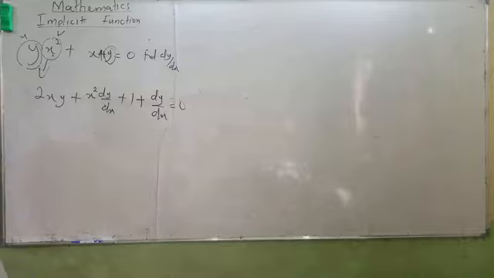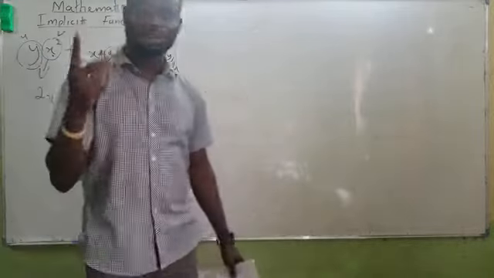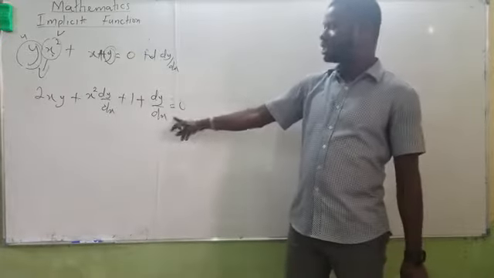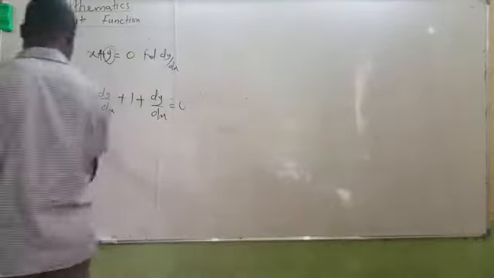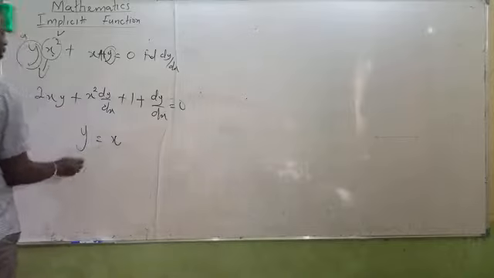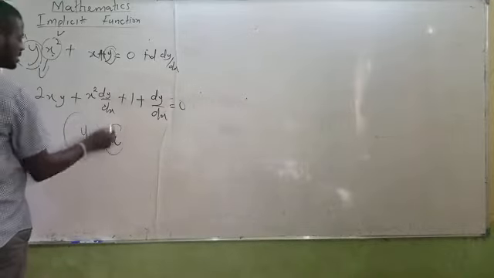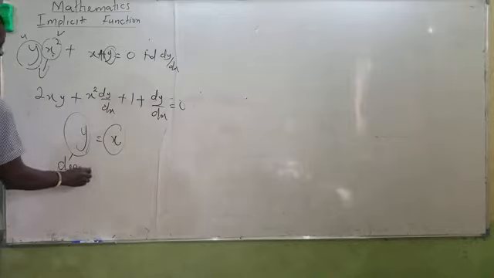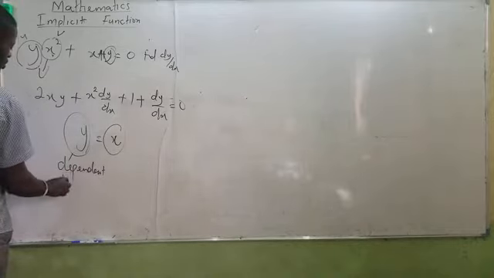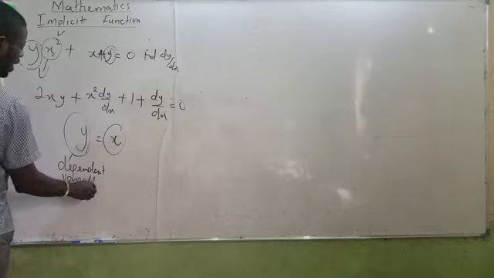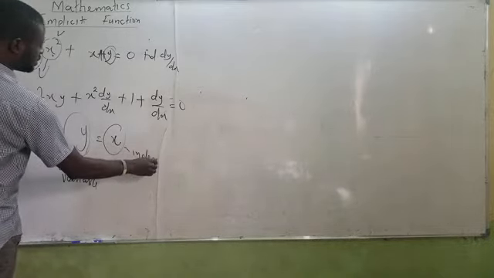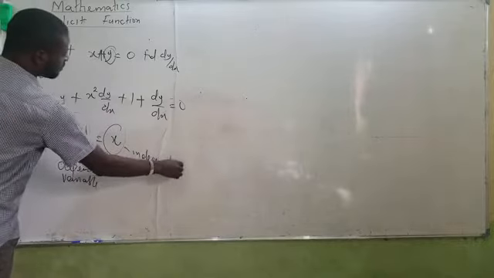Anytime you differentiate y on the product or whatever line, you have to attach the dy/dx to it, because I've told you that y is a function of x. One is called the dependent variable, while the other is called the independent variable.